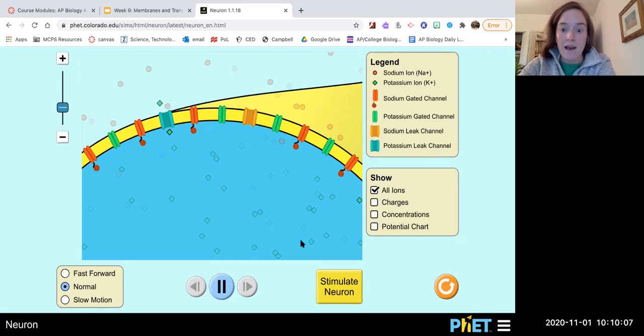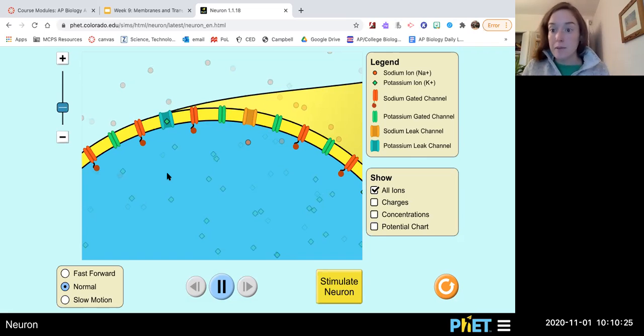And hopefully, it's not quantitative data, I'm not counting them all, but hopefully just by looking, you can say, yeah, there's way more potassium, there's a higher potassium concentration inside the cell, and there's a higher sodium concentration out here, outside the cell.